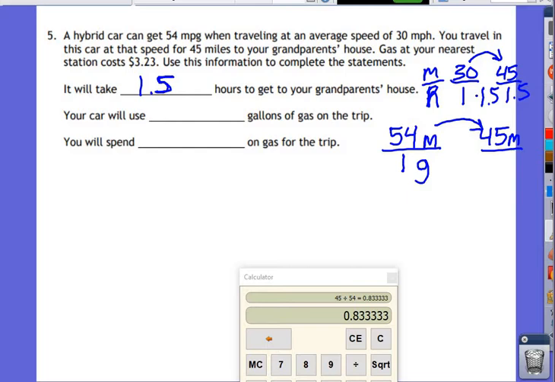Smaller, so it's got to be less than 1. So my scale factor used was 0.83. So what am I going to multiply this 1 gallon by? So did I use a whole gallon on this trip? Did you? 0.83, is that a whole gallon? No. I used most of it, but I did not use all of it.